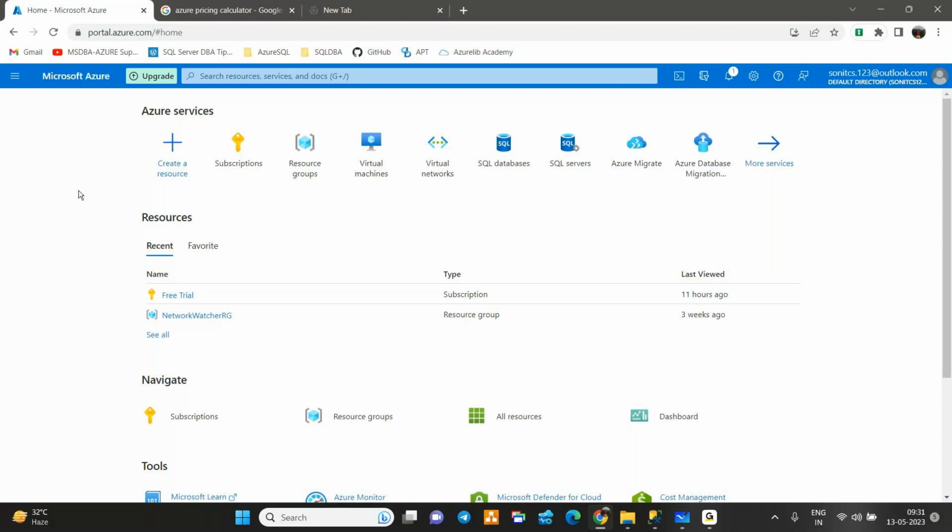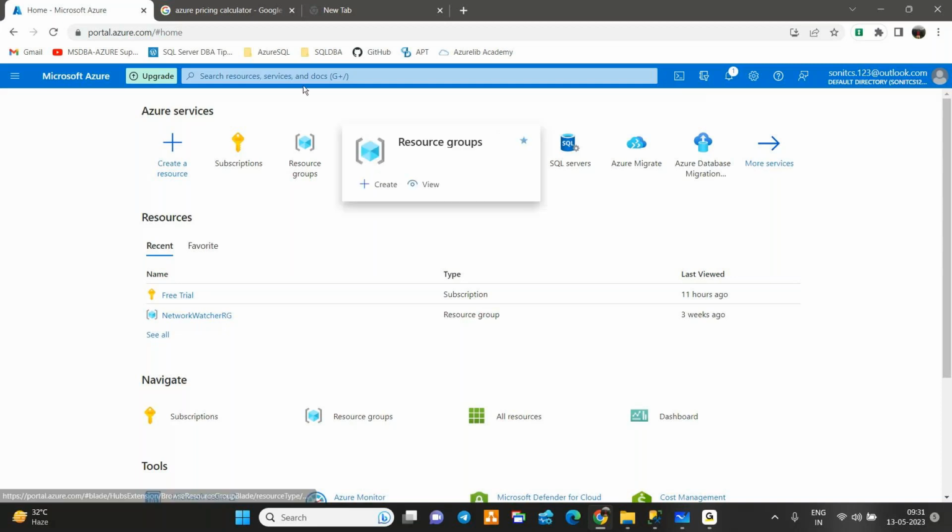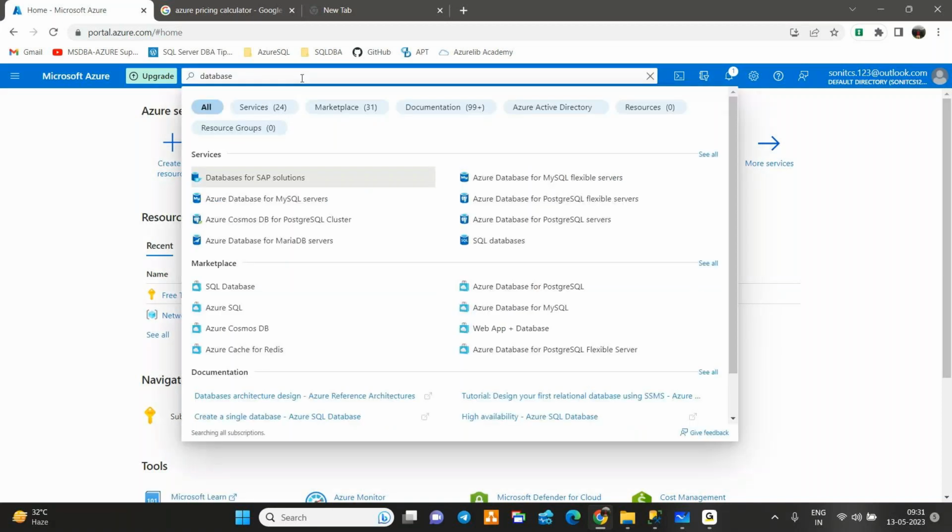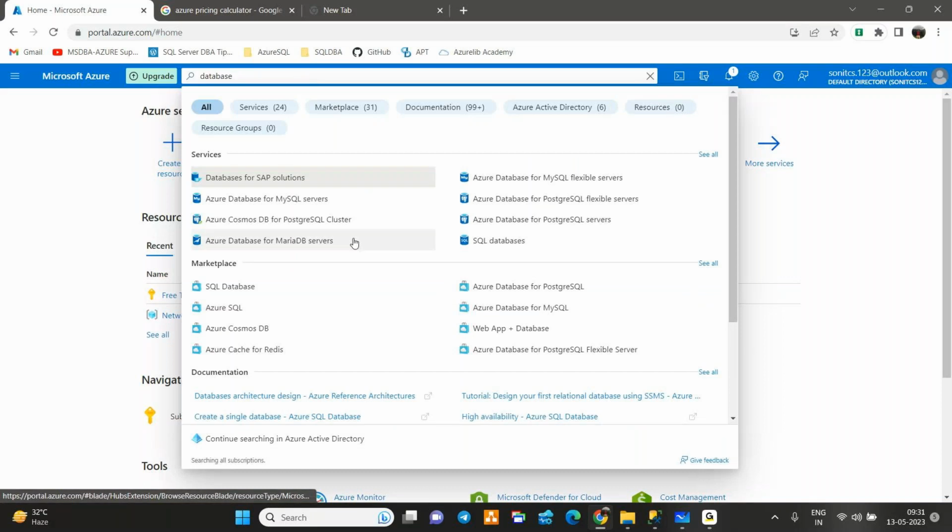First, go to the home button and search for database. You will get n number of services: SAP service, MySQL, PostgreSQL, Maria, Azure SQL database, Azure database for Postgres.